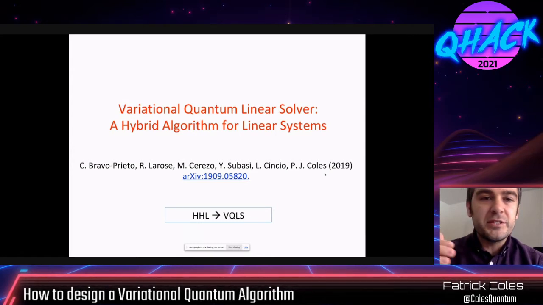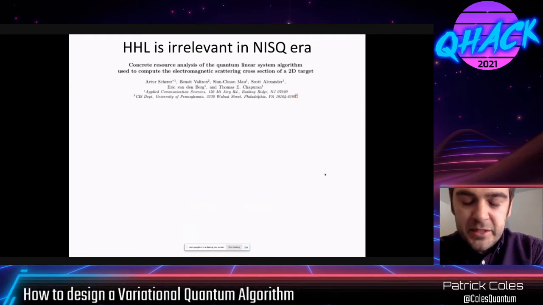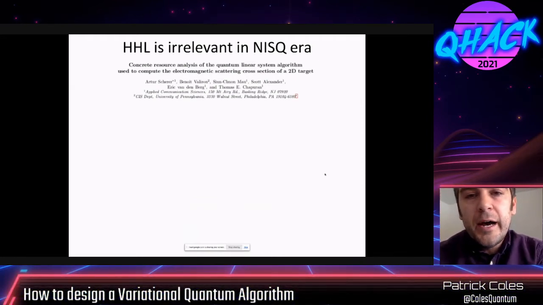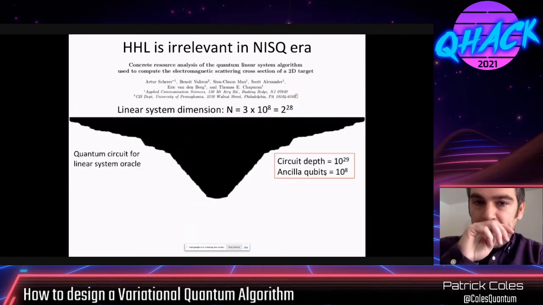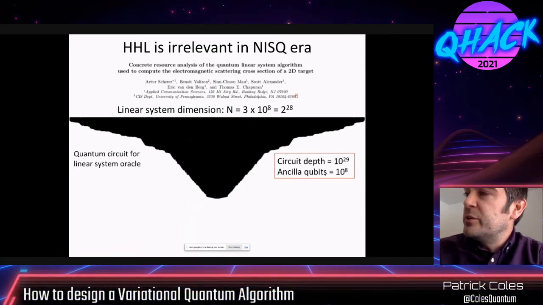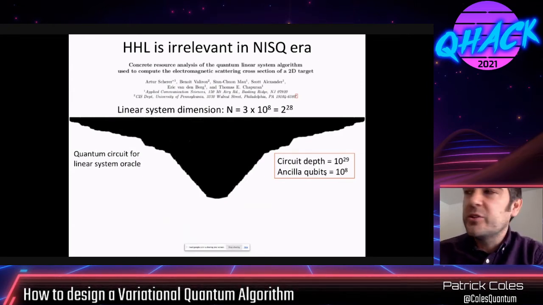There's this very prominent algorithm that people know about called the HHL algorithm, and it's a very exciting algorithm for the long term. But in the short term, it does have major drawbacks. There was a nice resource analysis that showed that to get some kind of quantum advantage, you might need a circuit depth of about 10 to the 29th and 10 to the 8th ancilla qubits.